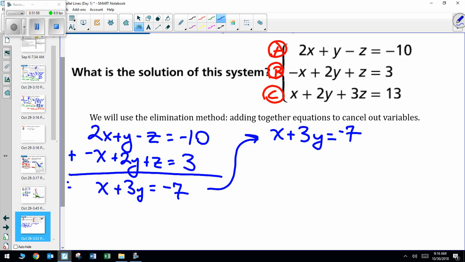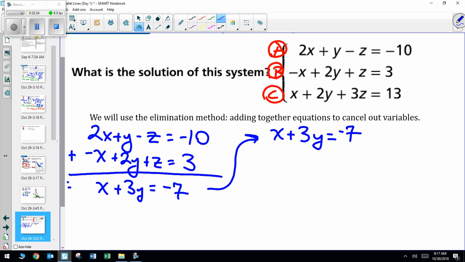And I would cancel out my x's. But I also need to cancel out, so the equation that I have, I got rid of z. So I need to come up with an equation that would cancel out my other z.